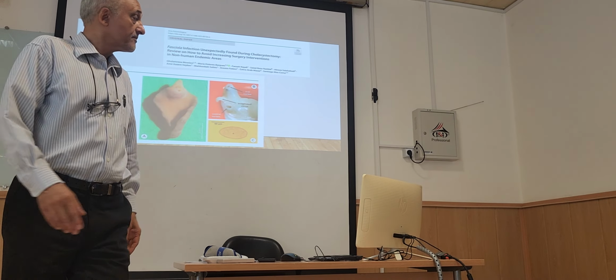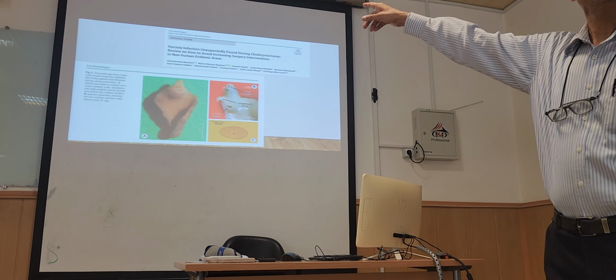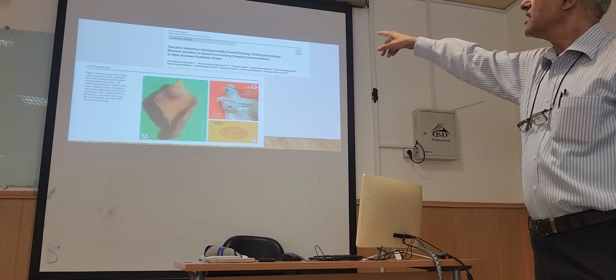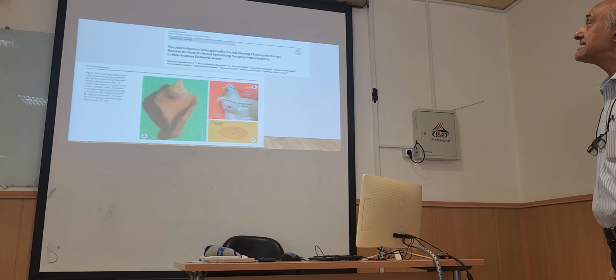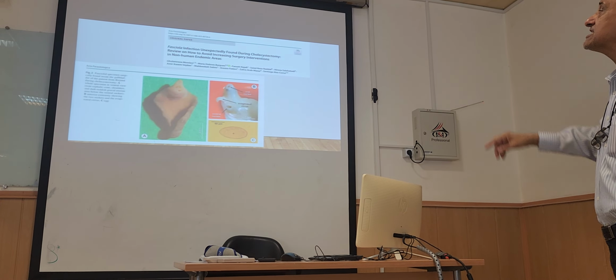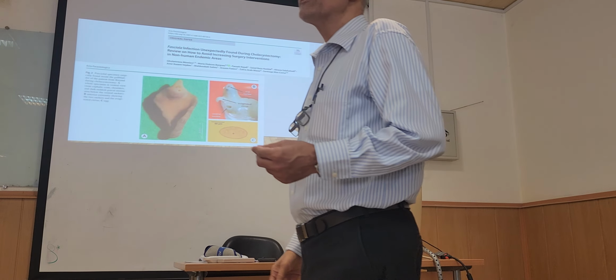Okay, what is it? Fasciola. This is the latest paper we published: Fasciola infection unexpectedly found during cholecystectomy. Review on how to avoid increasing surgery interventions in non-human endemic areas.